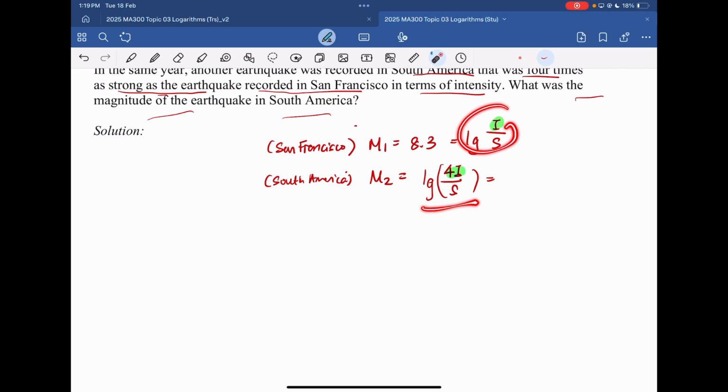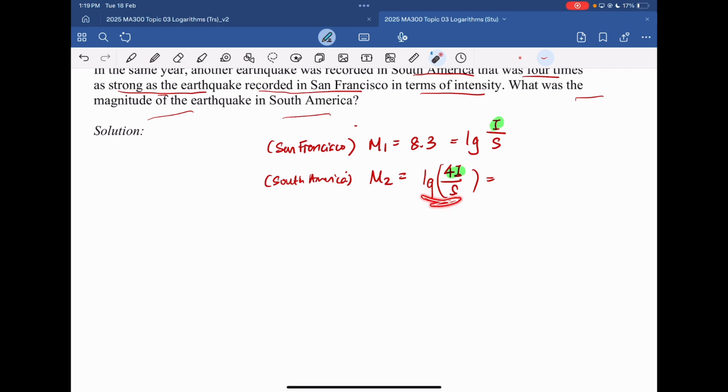Is it just adding log 4? What do you mean by adding log 4? How do I get from here to here? Anyone? What can I do?